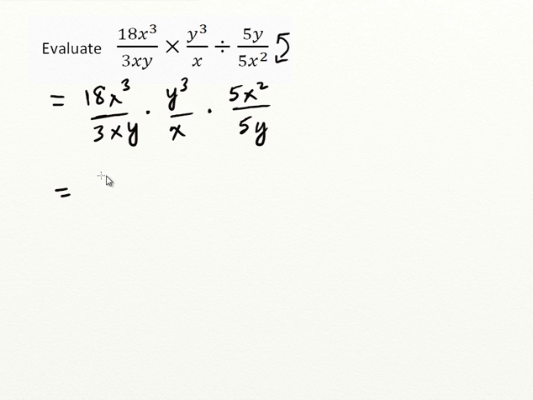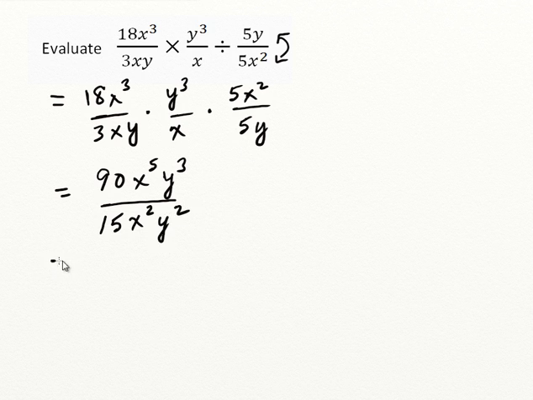So this is going to give me a 90 up top. x cubed times x squared is x to the 5th power, and then y cubed is the only y term we have. Down on the bottom, well, we just have 3 and 5, which is 15. We have x times x, which is x squared. And then we have y times y, which is y squared.